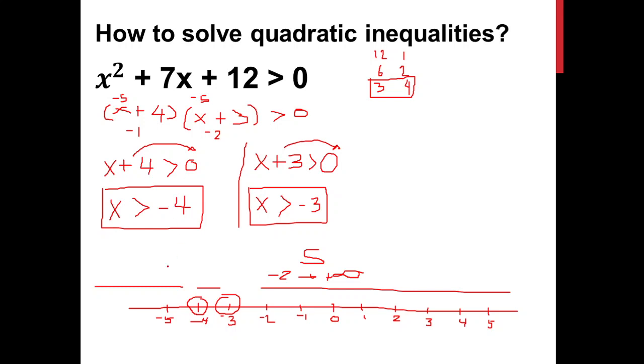Meaning, from negative 5 going to negative infinity are solutions to our inequality statement, leaving the values in between negative 3 and negative 4 not solutions.